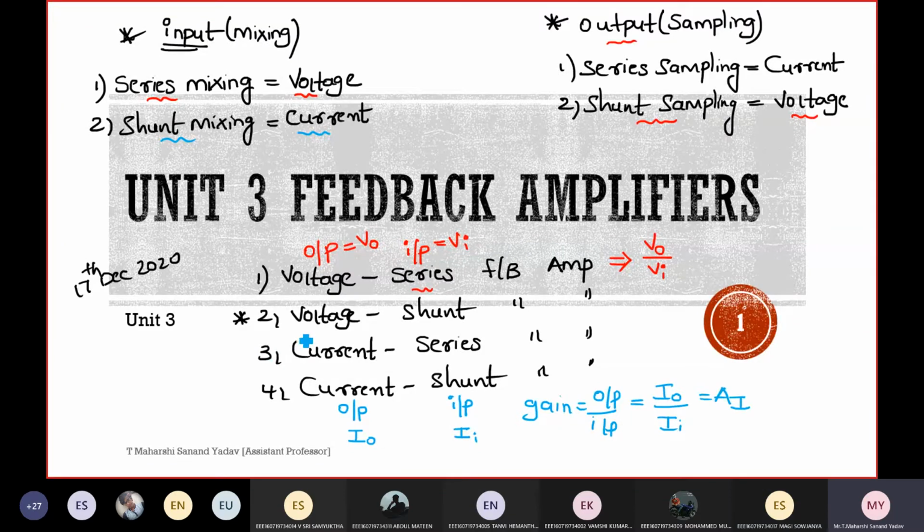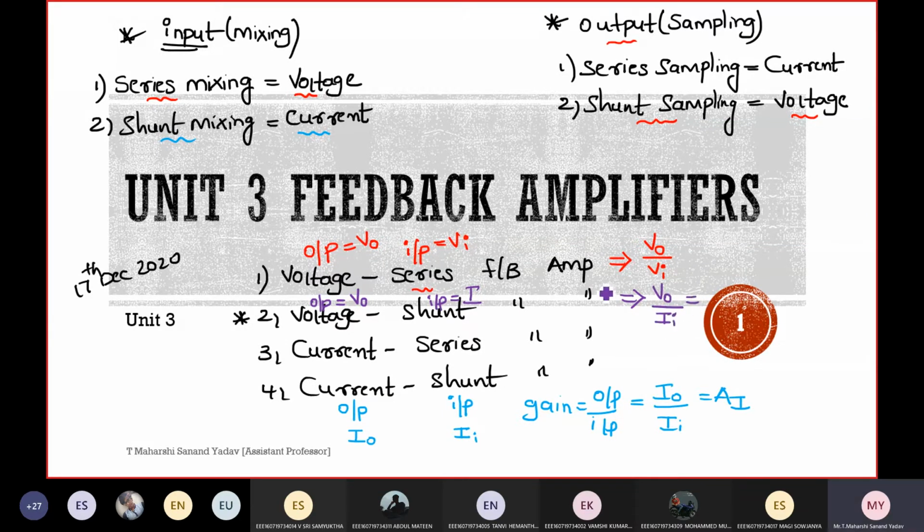Next, you tell me now for voltage shunt. Let me change the color here. This is voltage shunt. This is output, this is input. Shunt sampling, so output is voltage. Input side shunt means current, so I'm writing this as II. Now I have to find the gain. Gain is defined as the ratio of output by input, so it is output voltage V out by input II.